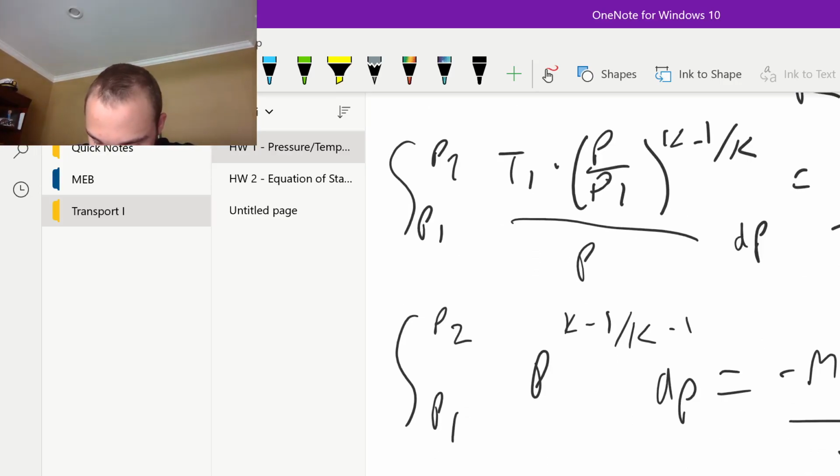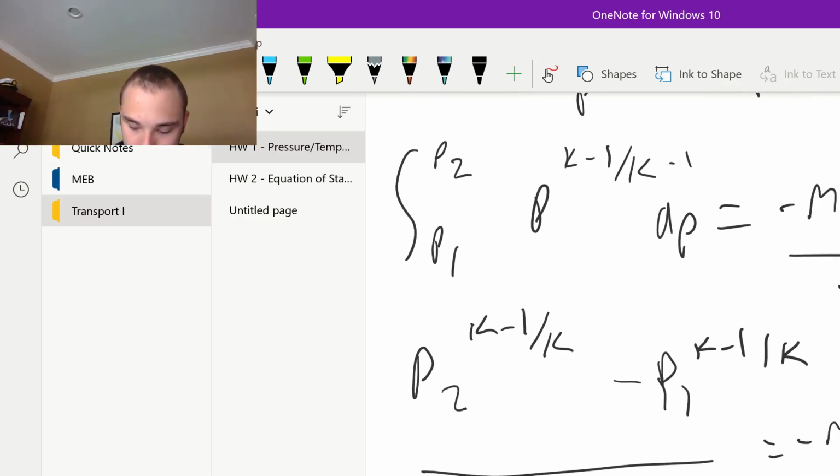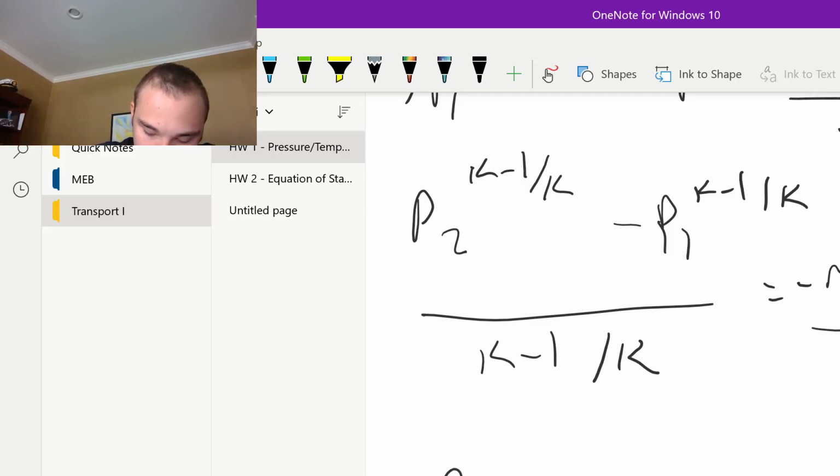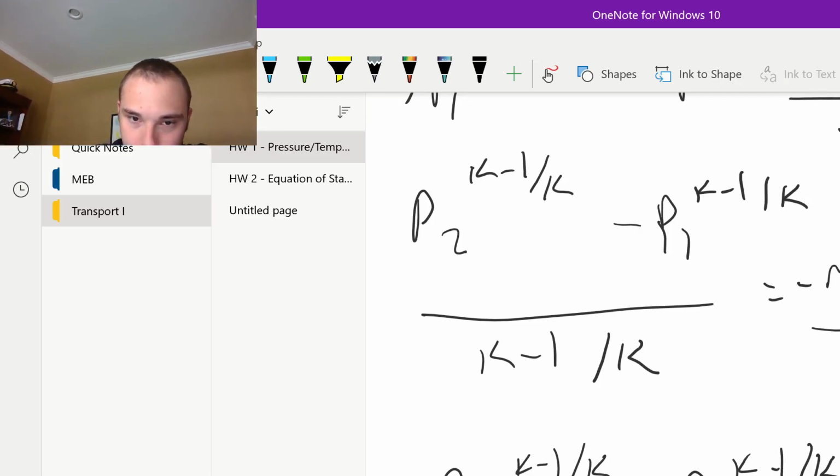What we're going to get is P2 to the K minus 1 over K, minus P1 to the K minus 1 over K, all over K minus 1 over K. On this side, we have our mg delta z over r, times T1 because we moved the T1 over, times P1 to the minus 1 over K. So solving this, we'll have P2 to the K minus 1 over K minus P1 to the K minus 1 over K, and then we can multiply this K minus 1 over K on the other side.